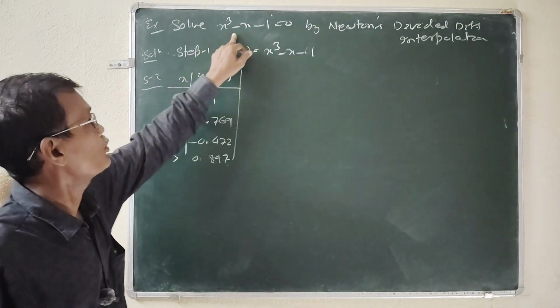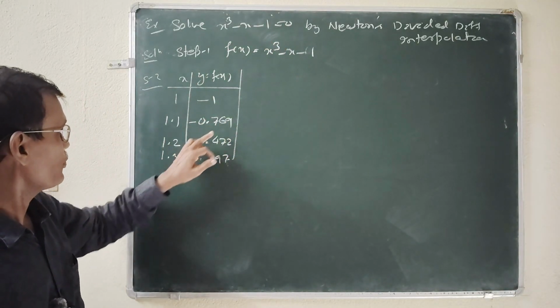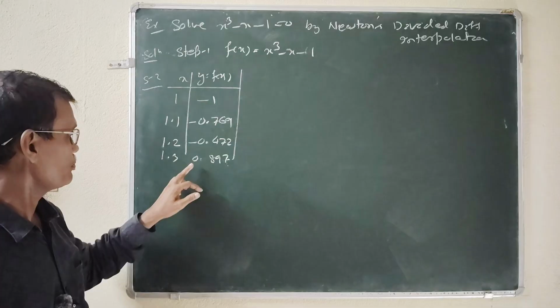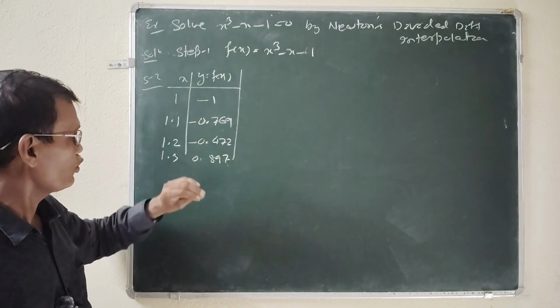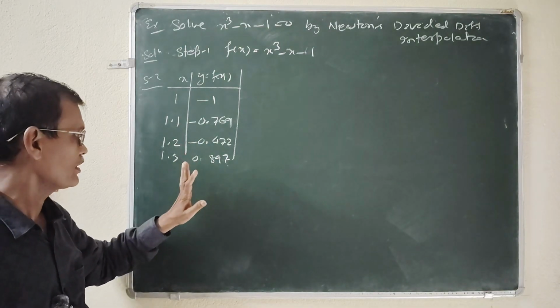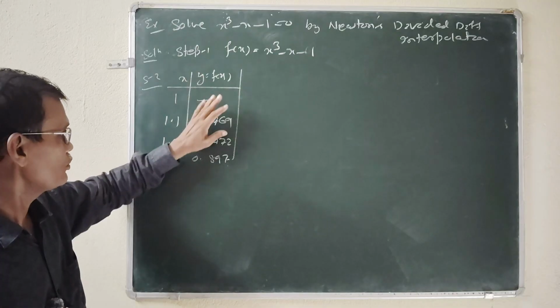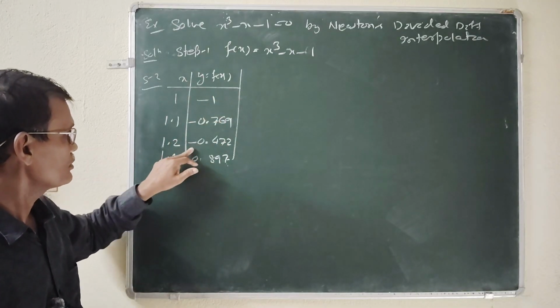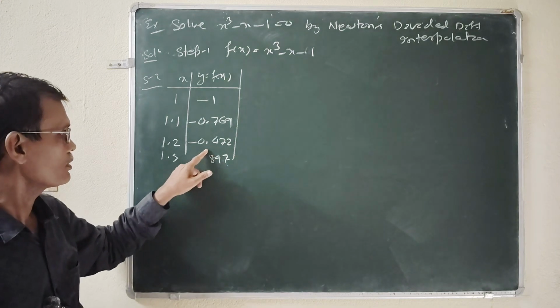Now you mark this f(x). Actually f(x) should be 0. The values of f(x) are minus 1, minus 0.769, minus 0.4, 0.89. That means these values are very close to 0. It may be positive or negative, right? If we say f(x) is 0, it lies within this range, because this is minus 0.4 and this is plus 0.8, so 0 will be here, right?